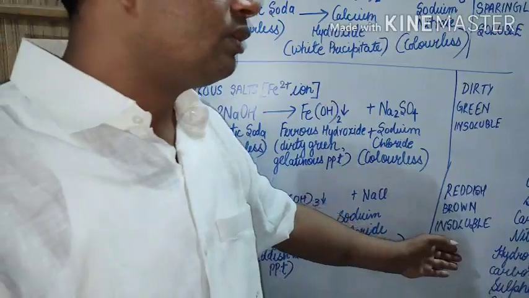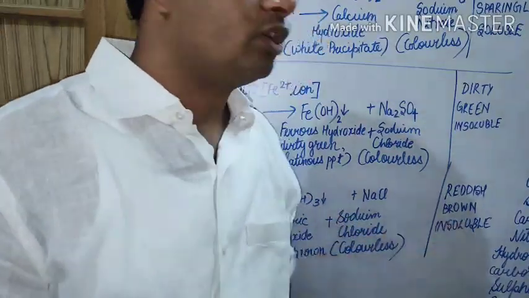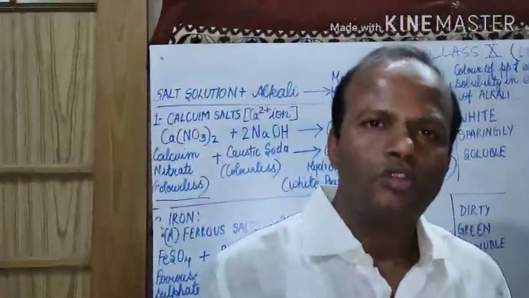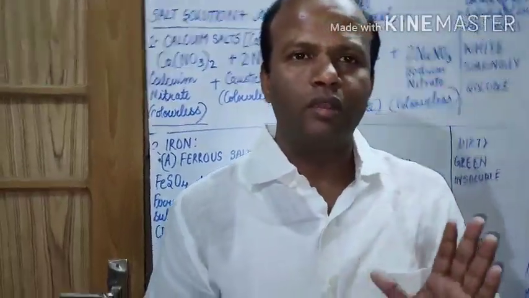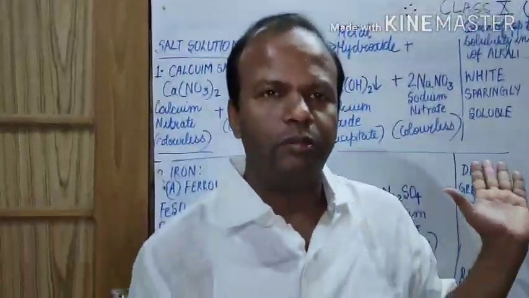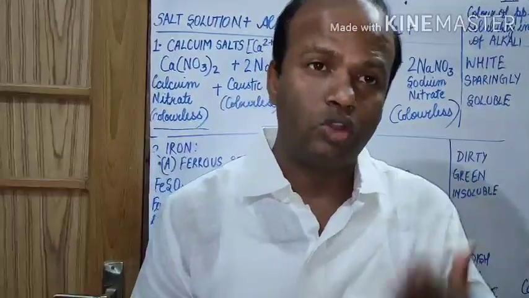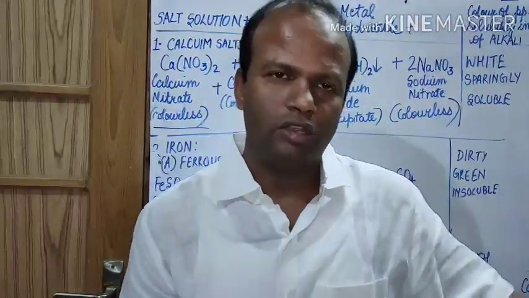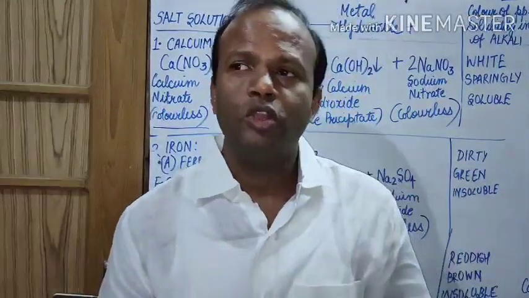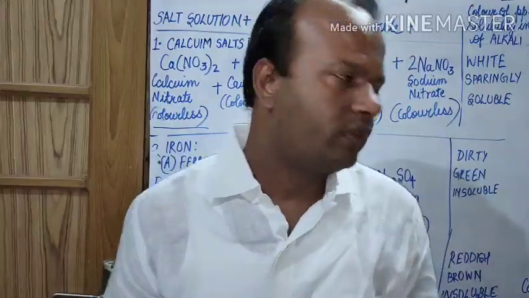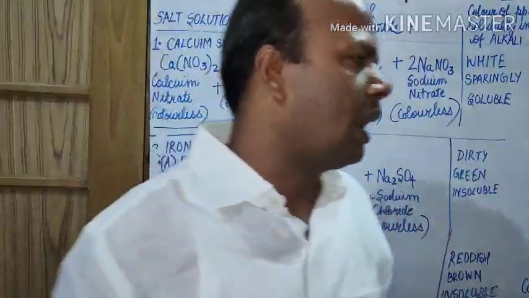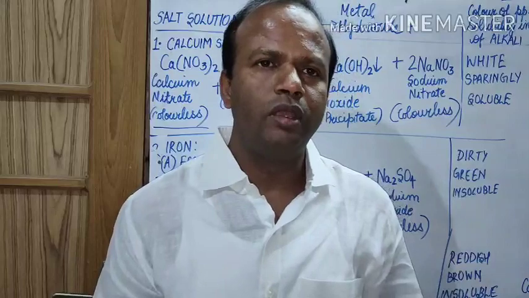It is also insoluble, and the table continues. So dear students, one important thing: when you get the same color, the confirmatory test is important, whether chalky white, gelatinous white or sparingly soluble white precipitate. This table is to be crammed, and the color of the ions is to be crammed.